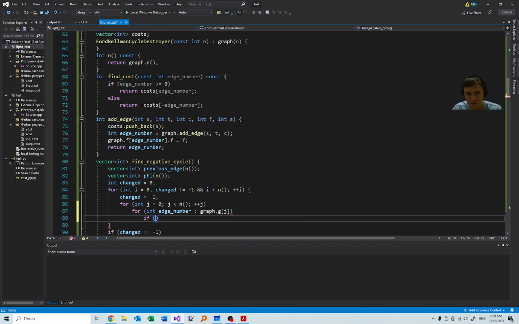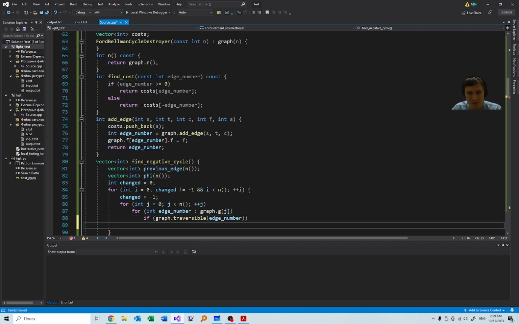I check if it is traversable. And if it is traversable, I also check if it is possible to reduce the potential.